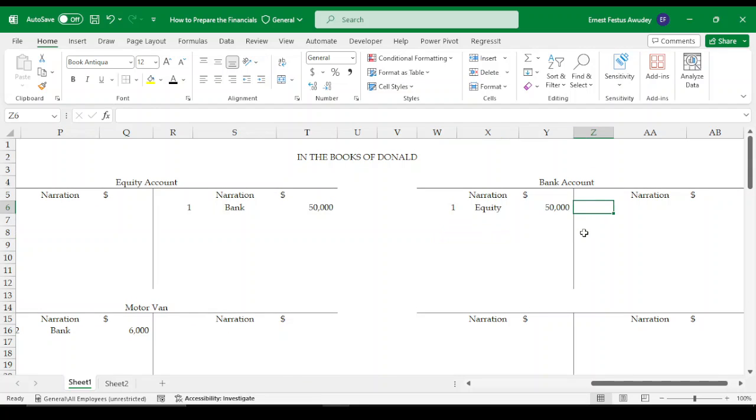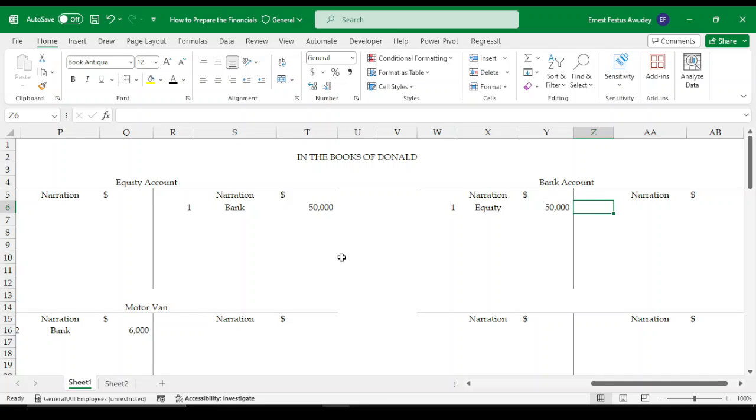And that should explain the fact that it is not always that a transaction affects an asset and a liability. Sometimes it can affect an asset only. All right. And when that happens, it means one asset is increasing and then the other is reducing.